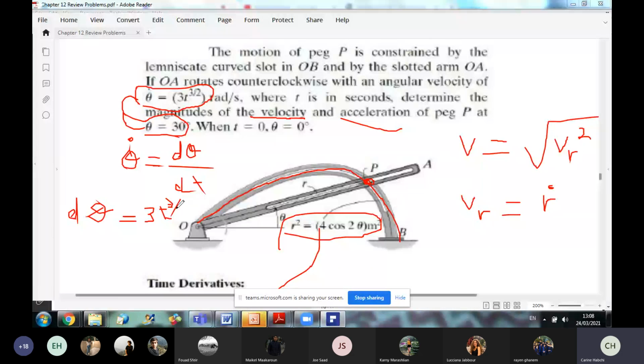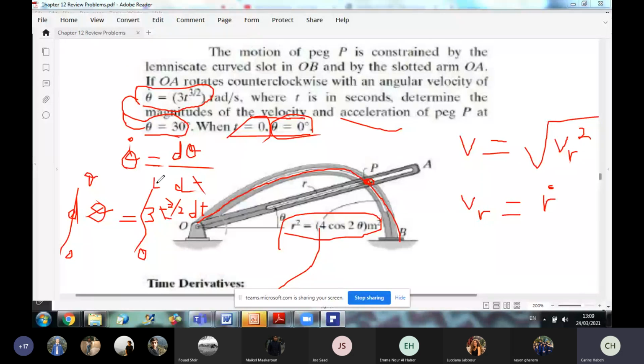Now, if I integrate this relation, I will integrate for time between 0 and t, while for theta, I will also integrate from 0 because they gave me a boundary condition. They said when t equals 0, theta is 0. So this is the boundary condition I should use in my integration. Here I will integrate between 0 and theta, and here between 0 and t. And this integration will give me theta as a function of time.